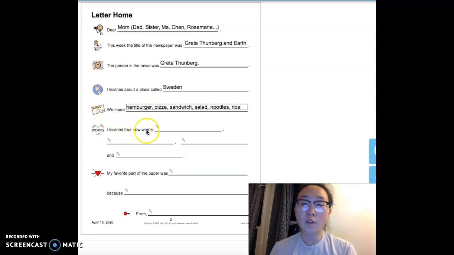I learned 4 new words. If you look at our definitions page, you'll see the 4 words that we worked on this week. If you can remember those words. If not, that's okay. You can refer back to it. You can also refer to the video that I made for the vocabulary words. Let me pull up the vocabulary words right now so I have them.